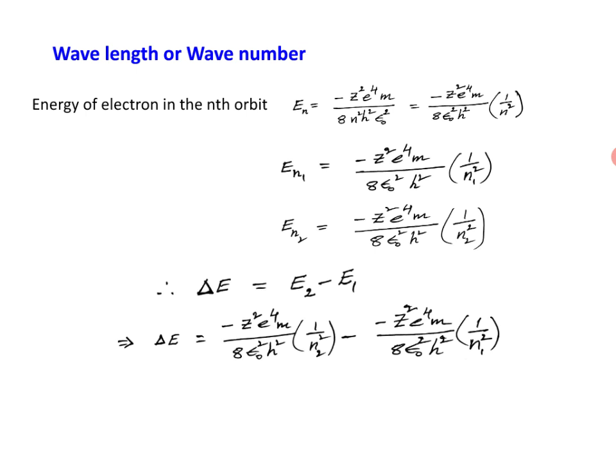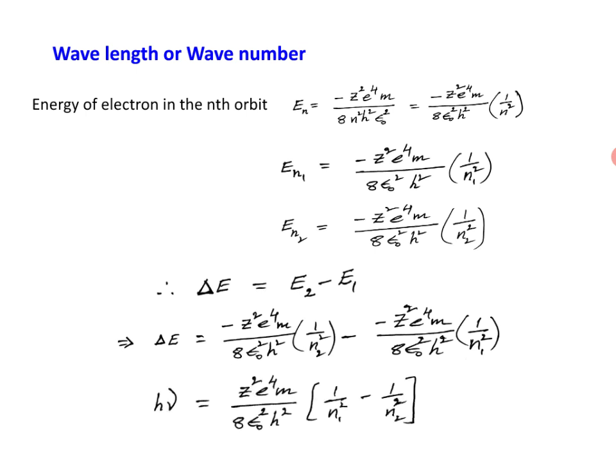So the difference we will get like this: delta E equals those. If you substitute first the n2 term, next the n1 term, in the second term there is a minus, and as the difference between the two energies, the minus and minus get cancelled, minus into minus gives plus.